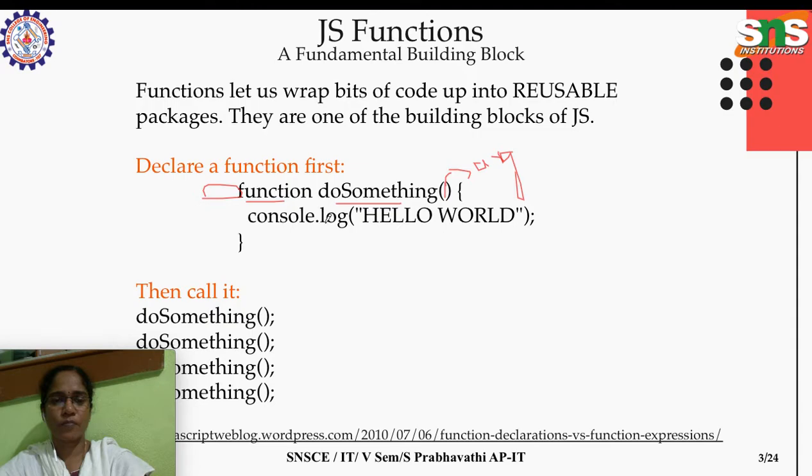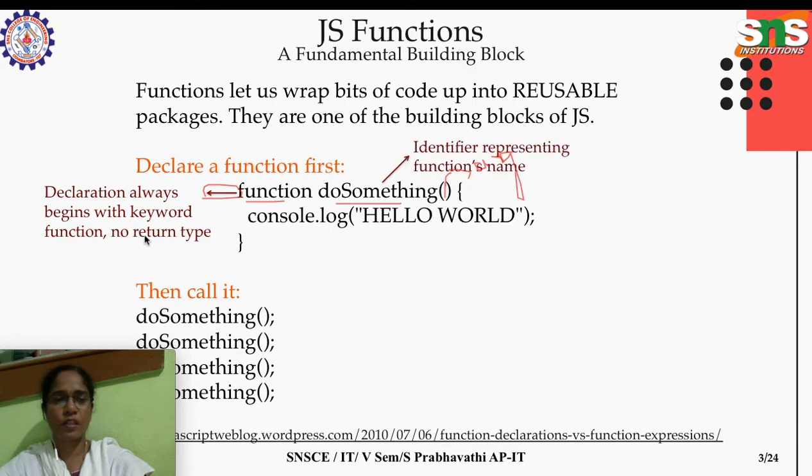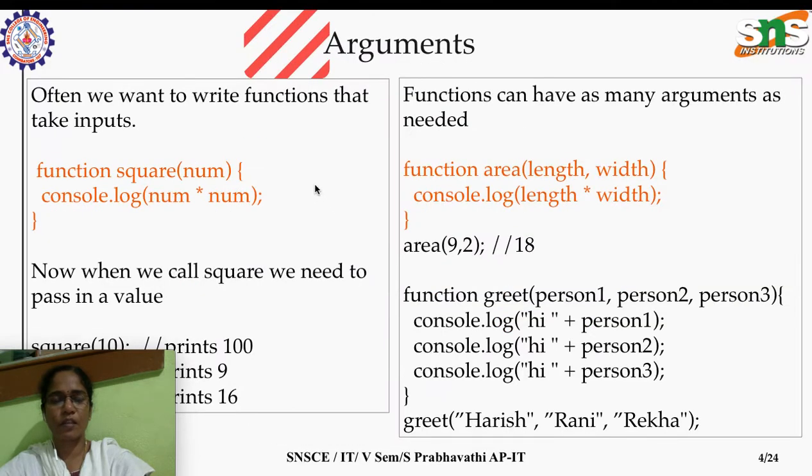Inside, we write the code for the function, and the way to call the function is by means of the function name, and if it takes arguments we need to pass them. So this is about function declaration and function call. Declaration always begins with the keyword function, and there is no need to mention the return type, followed by the function name or identifier, and the statements.